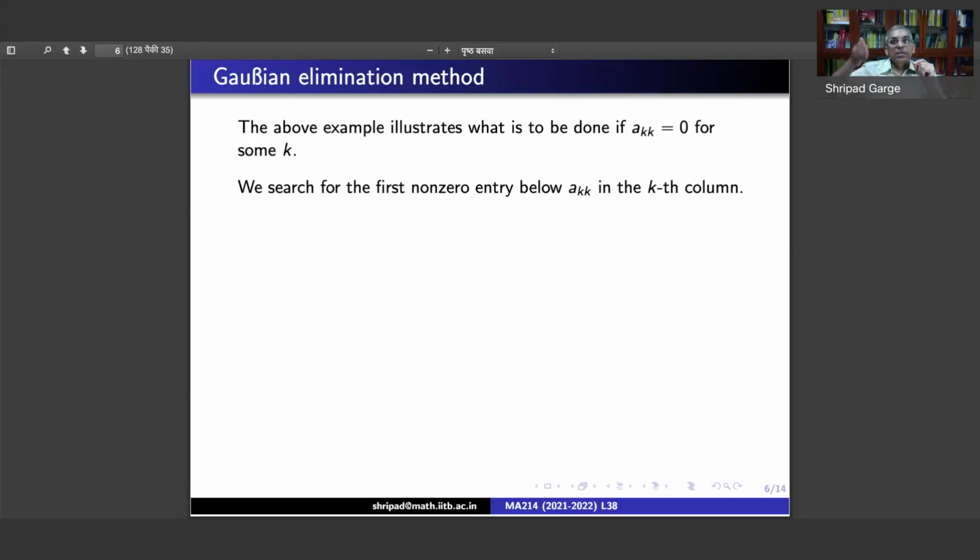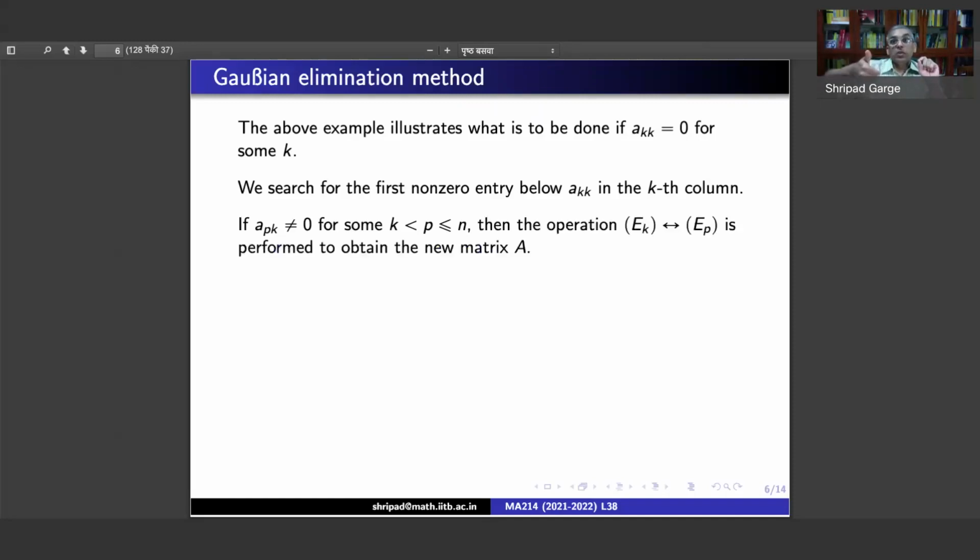The second subscript will remain the same because you are looking at the same column. Suppose there is one APK which is non-zero for a P between K+1 and N. Then we are going to switch the rows EK and EP.